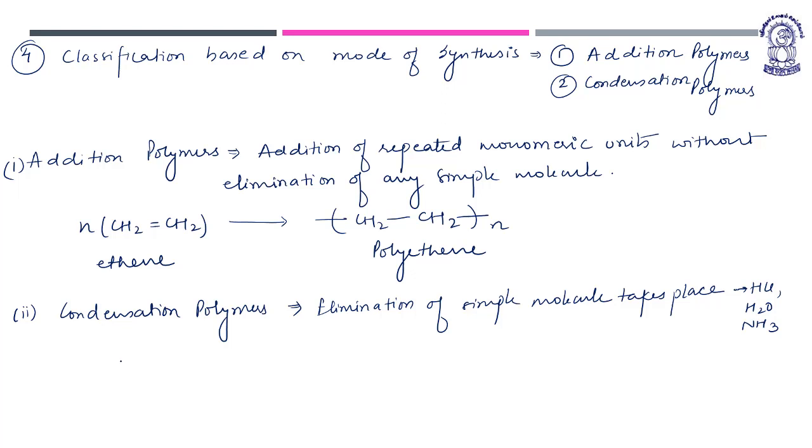Example: hexamethylene diamine combines with adipic acid, both having 6 carbons, to form nylon 6,6. This is an amine, which is basic in nature. This is a carboxylic acid. So it undergoes condensation reaction to remove water.